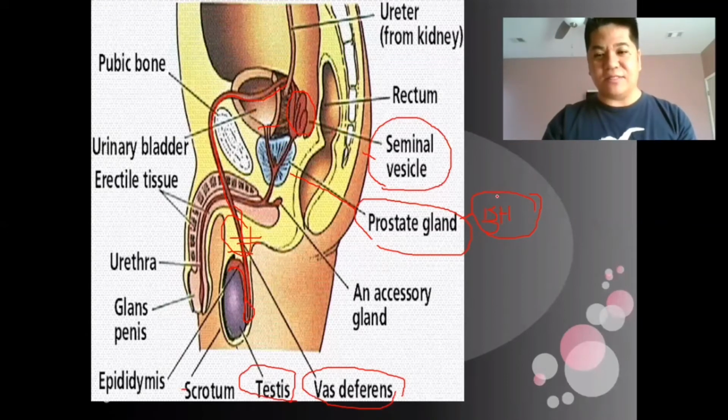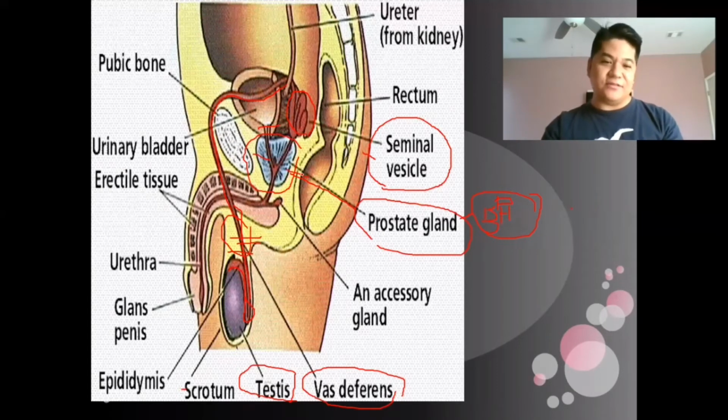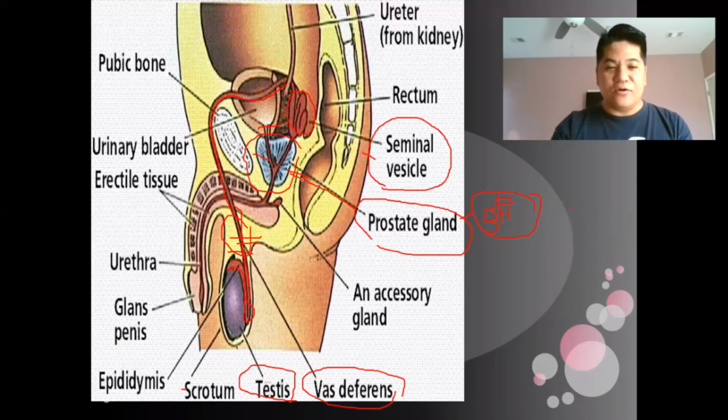That's why you have to assess for that. This is your prostate gland, and during BPH treatment they remove your prostate gland as well. After the surgery there is a risk for bleeding, so you have to note about it.